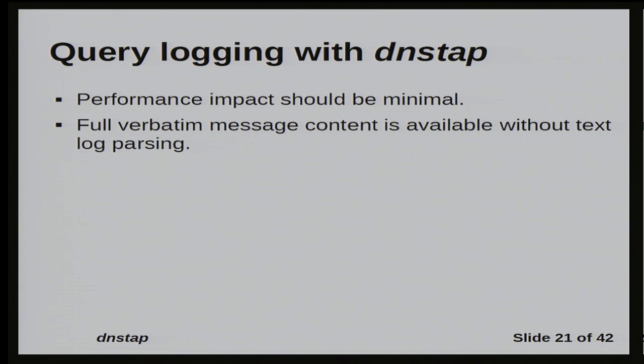Performance impact should be minimal due to all the implementation tricks, and now we have this rich, verbatim message content with annotations and metadata available. And we don't have to parse any text format logs or anything like that in order to consume it.